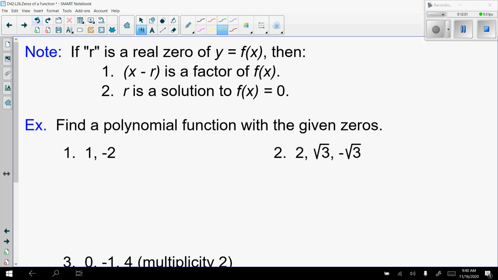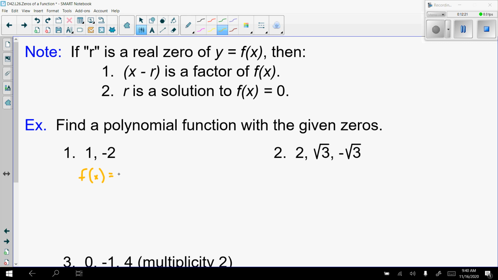Example. Find a polynomial function with the given zeros. Well, for number 1, first of all, in order for it to be a function, it must be written as f of x equals, or you could use g of x or k of x or anything similar, or even y equals.